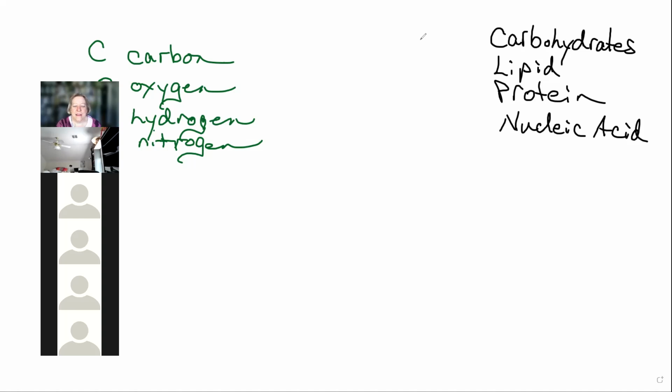All right. Let's go ahead and go over the four different major macromolecules. I listed them originally in alphabetical order, but I'm going to go over them now based on complexity. So we are going to start with lipids.